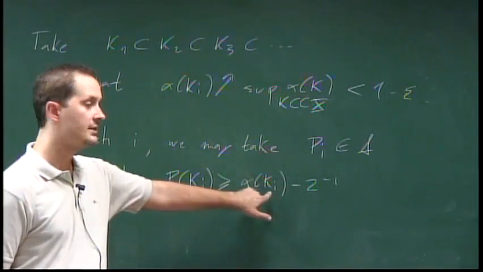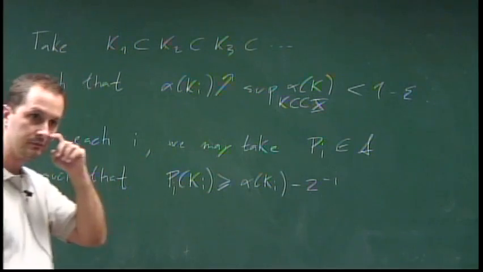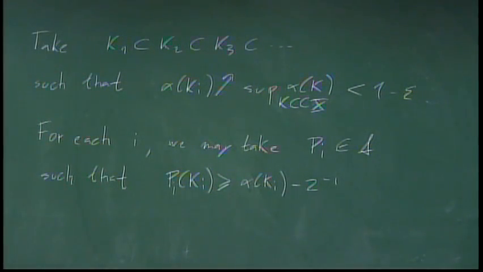And that's just saying, since this is a supremum over measures in S, I can find at least one measure such that this is true. Okay? Right. And let's see. What else can I say?